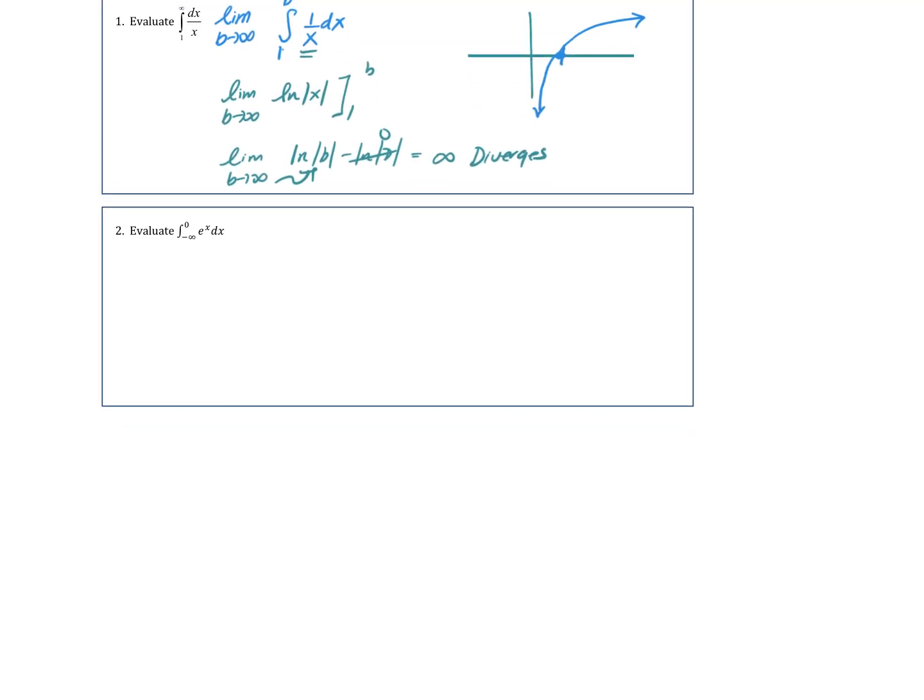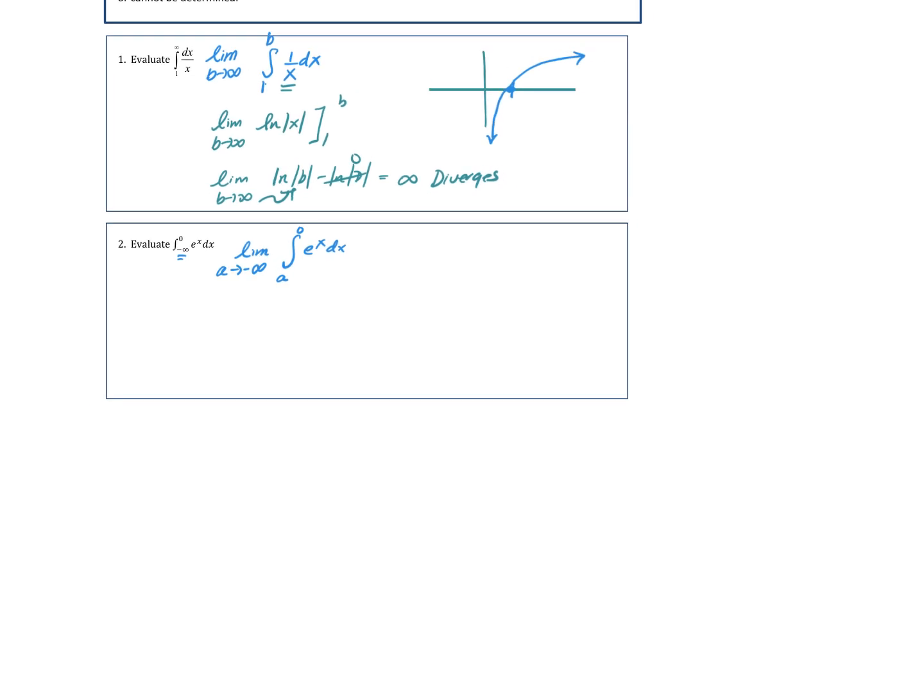The second one, we've got negative infinity, so I'm going to use a to 0, e to the x dx, and we have to say the limit as a goes to negative infinity.